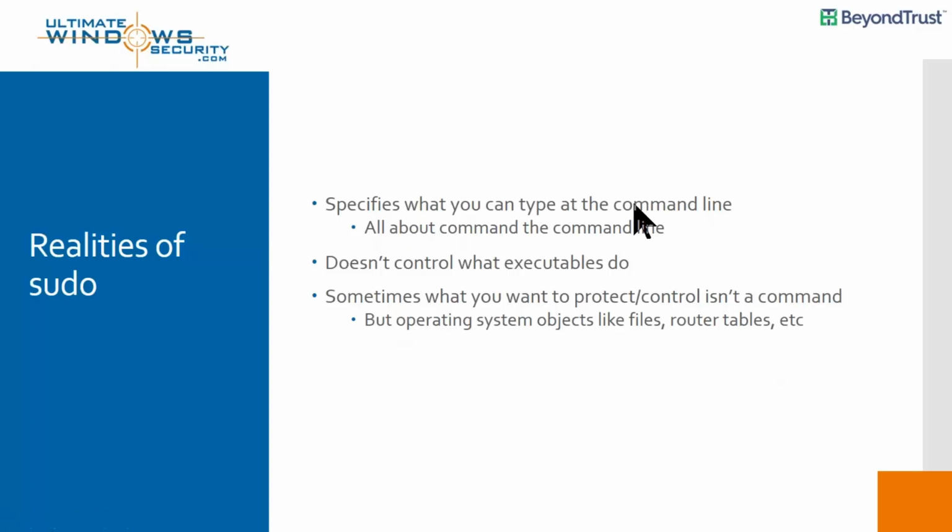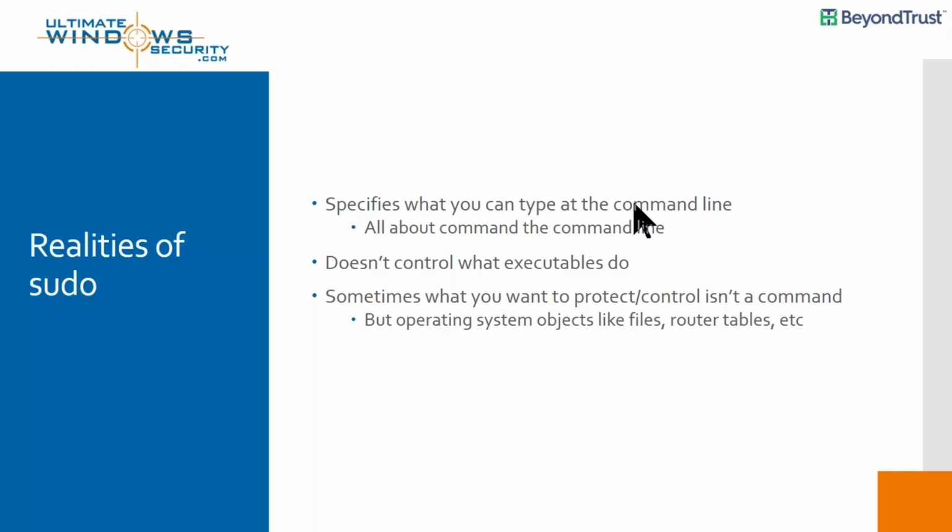The other thing is that Sudo specifies what you can do at the command line. It's all about the command line. Sudo does not control what executables can do, what binaries can do. And that's something you have to be careful of, by the way, like with VI, the editor. VI normally can shell out and run commands right from VI.